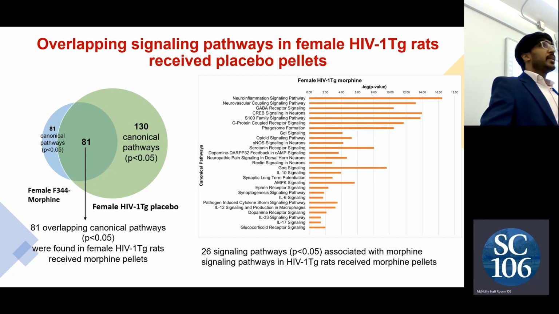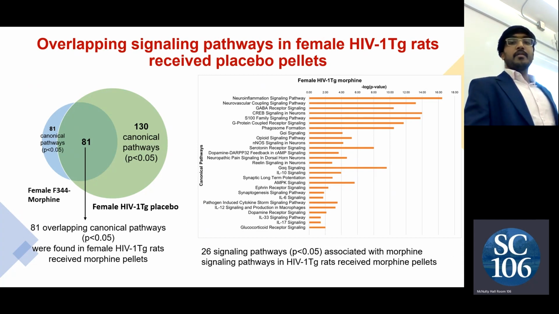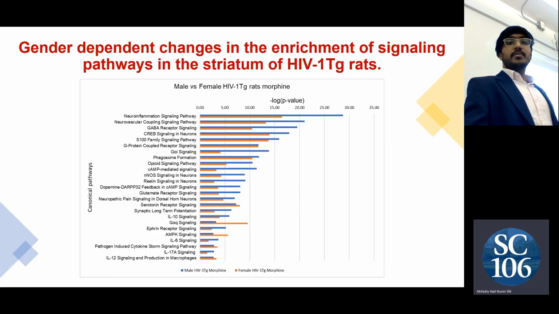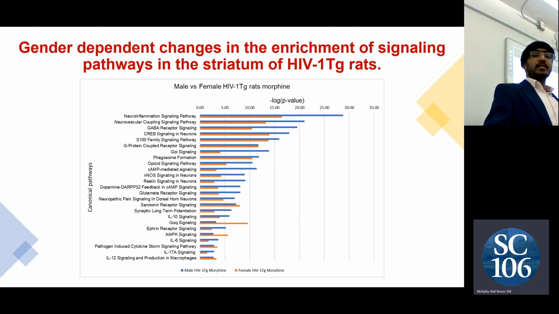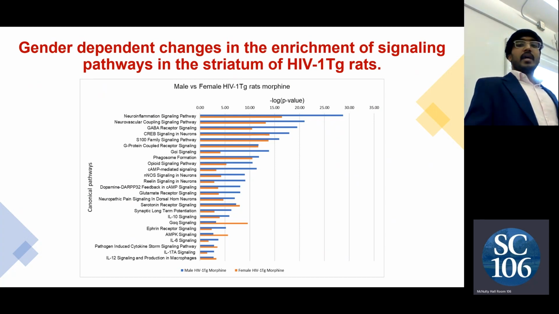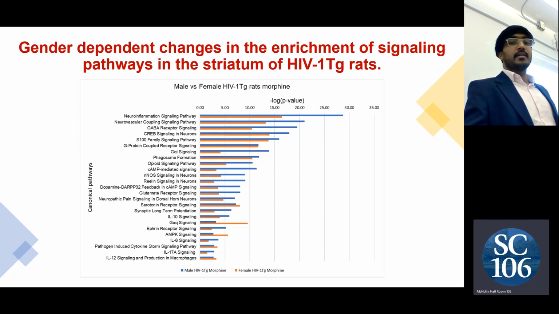Similarly, in females, we found 81 pathways, and the 26 signaling pathways were also enriched in female HIV transgenic rats. We also performed a gender comparison of these signaling pathways, and found that among the 26 signaling pathways, 22 were highly enriched in male HIV transgenic rats that received morphine compared to the female HIV transgenic rats that received morphine.